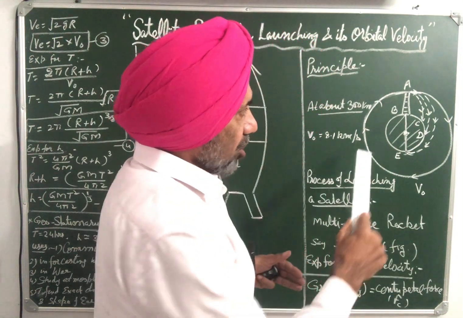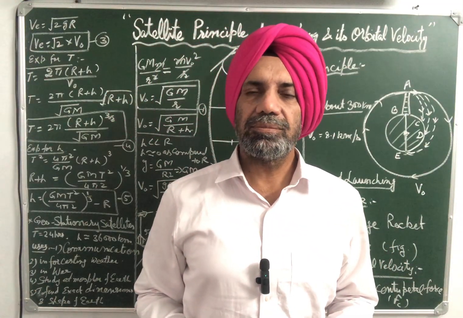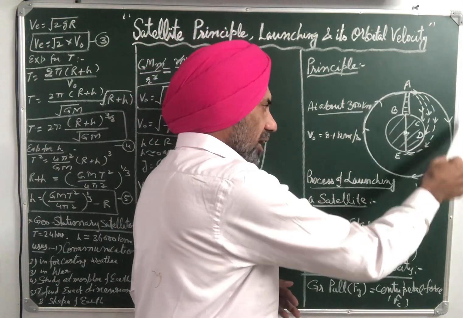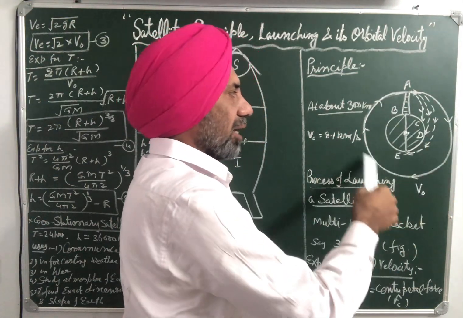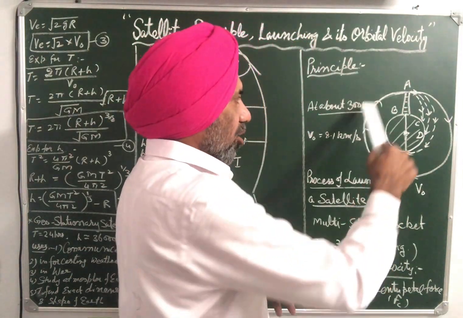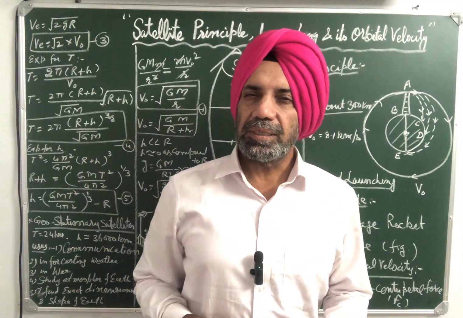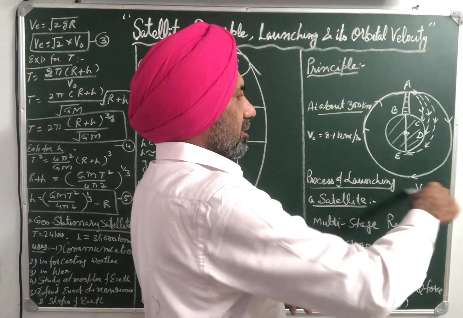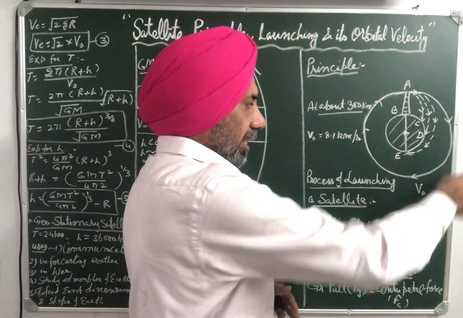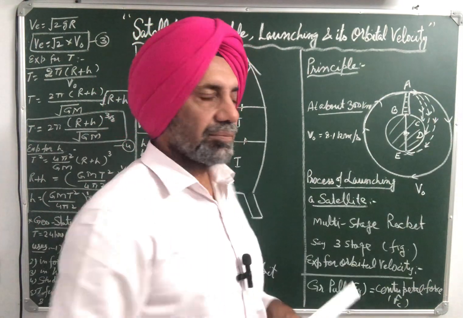And if the velocity of projection is further increased, then it starts revolving around the Earth with an orbital velocity V naught. This orbit is known as the parking orbit, in which satellites revolve around the Earth.